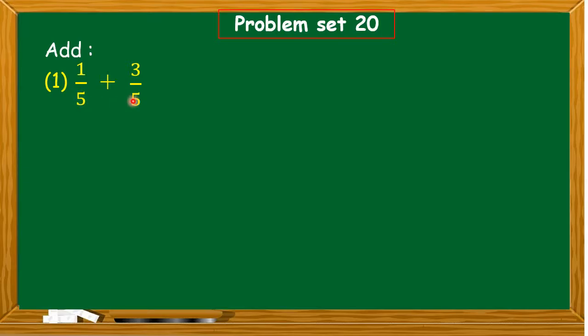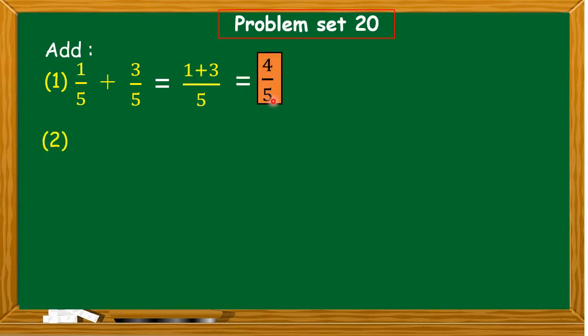When adding like fractions, we add the numerators of the two fractions and we write the denominator as it is. So we write 1 plus 3 upon 5, which is equal to 4 upon 5.